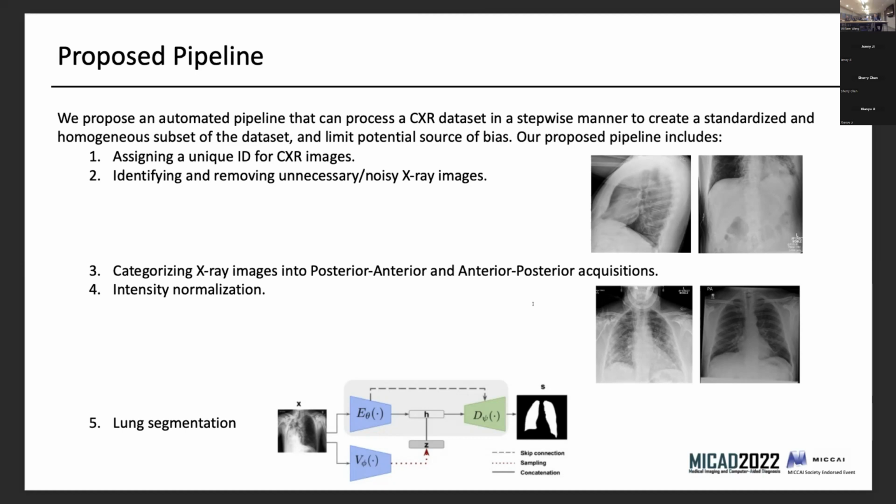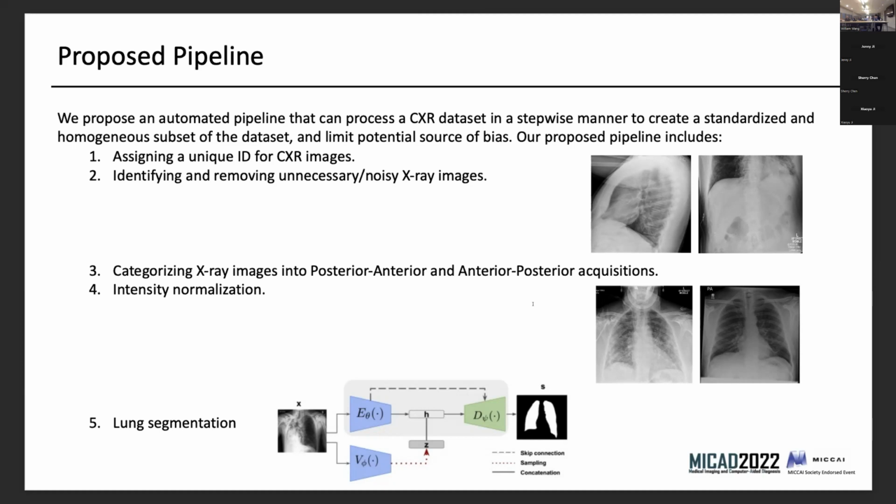So our pipeline is denoising the data set by removing unnecessary scans: the lateral views and the ones that included the abdomen, because they're usually not very helpful for diagnosing COVID.